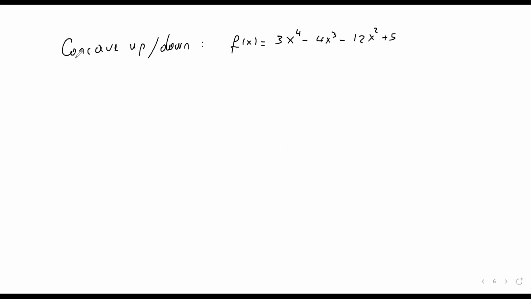And I know that for concave up and down, I need to look at the second derivative, f prime prime. We didn't use much of it until now, but this is a good place to use it. f prime, which we calculated earlier, was 12x cubed minus 12x squared minus 24x.